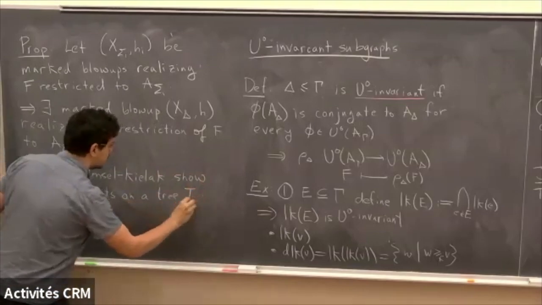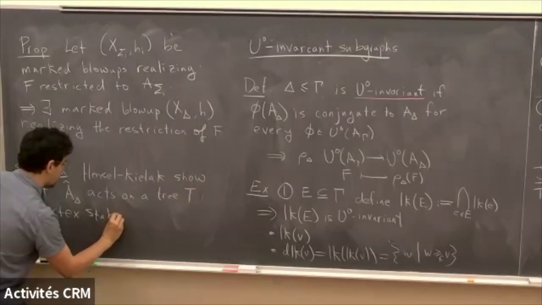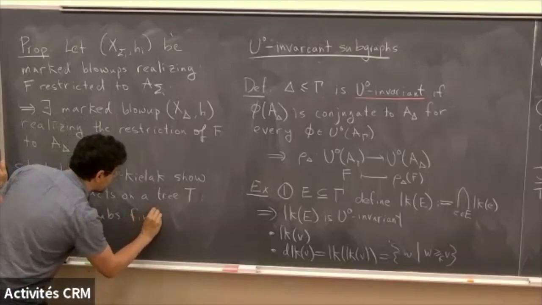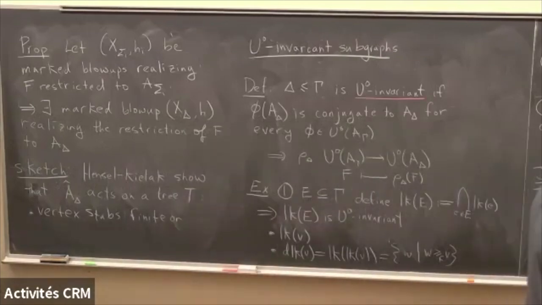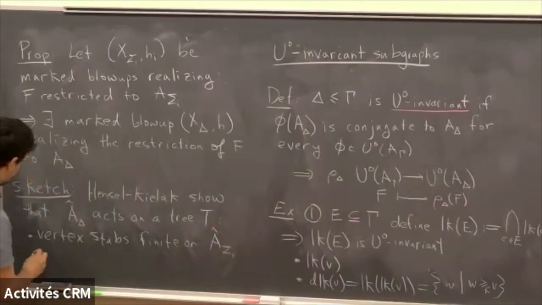such that the vertex stabilizers are either finite or they are these conjugates maybe of these A sigma i hats, okay? And the edge stabilizers are finite.